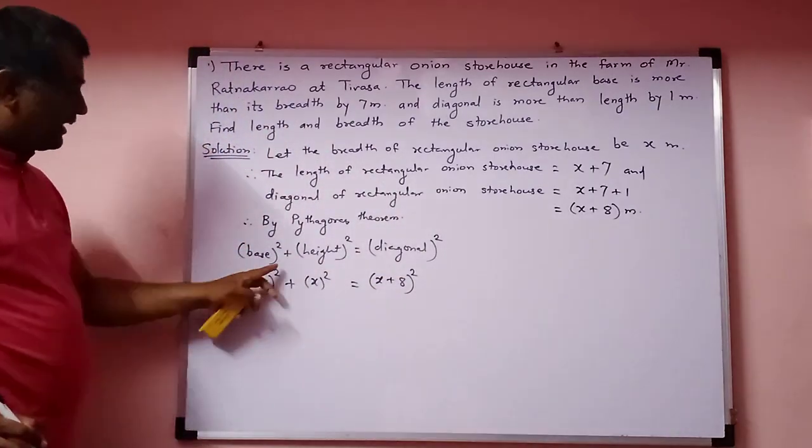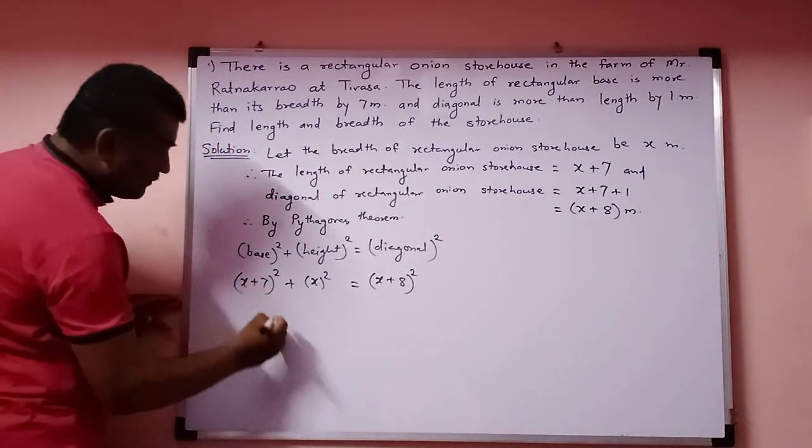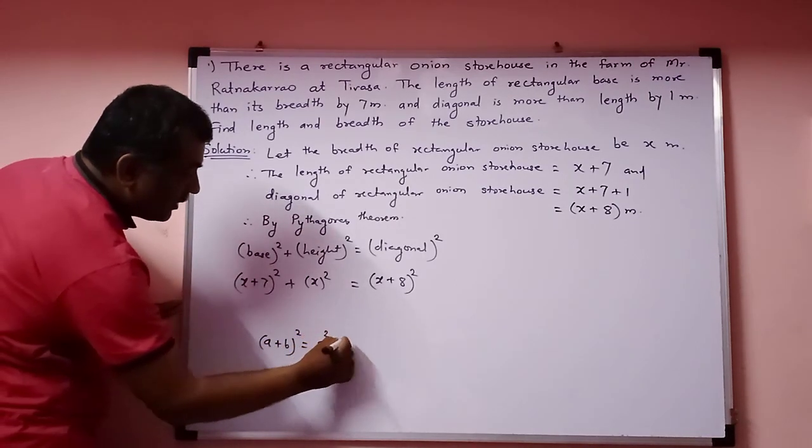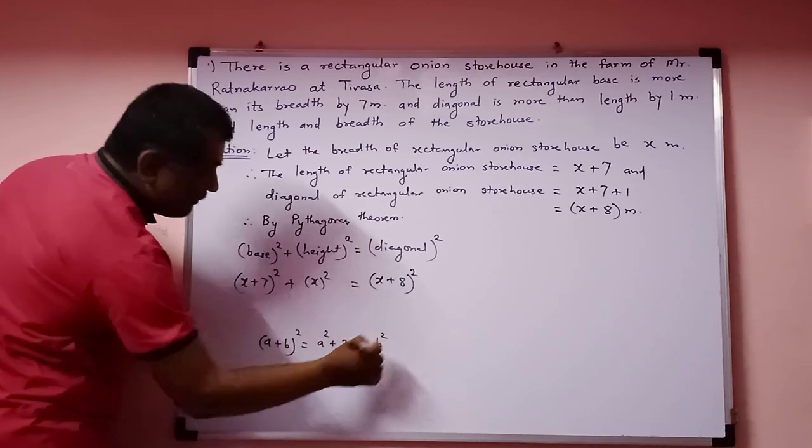Here (x plus 7) whole square is in the form of (a plus b) whole square. (a plus b) whole square is equal to a square plus 2ab plus b square.